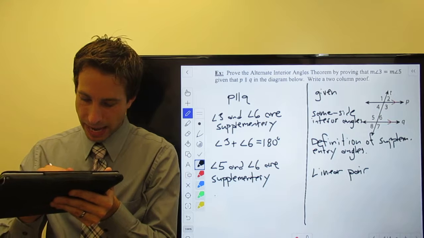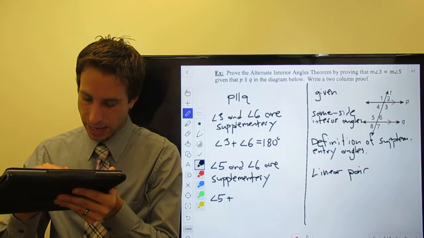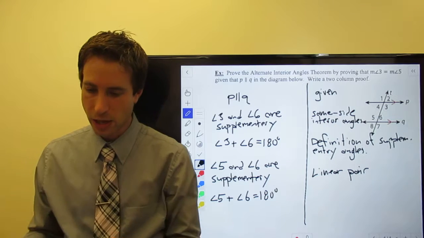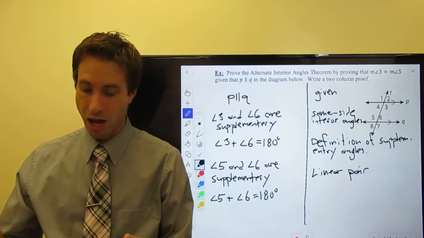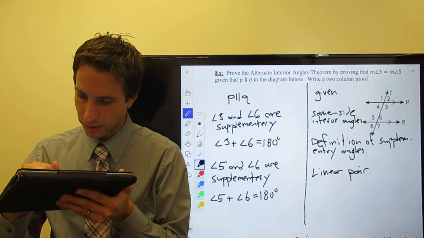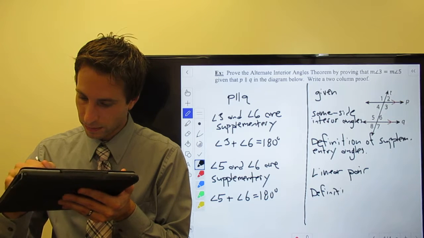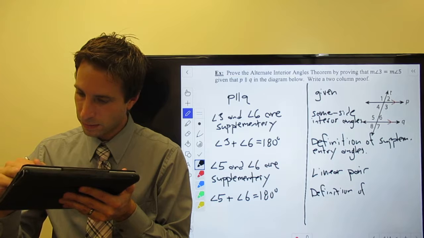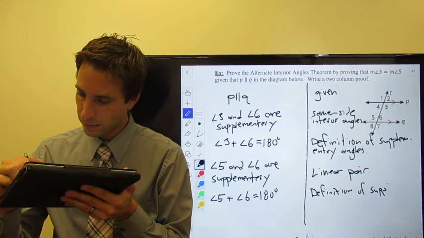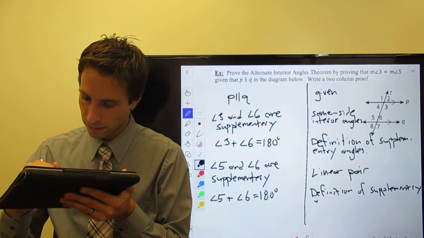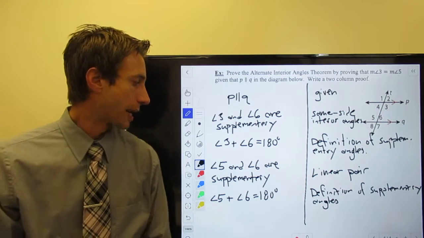But that means that angle 5 plus angle 6 equals 180 degrees, right? Well, that's our definition of supplementary angles.